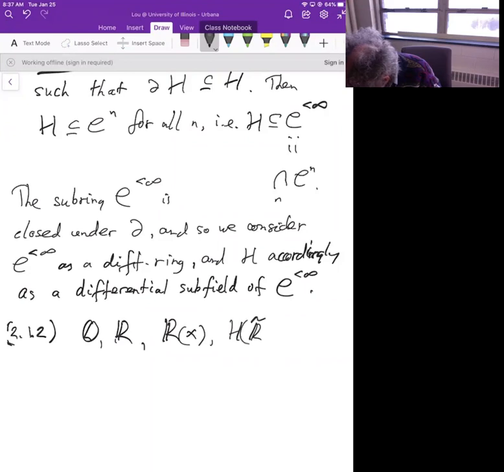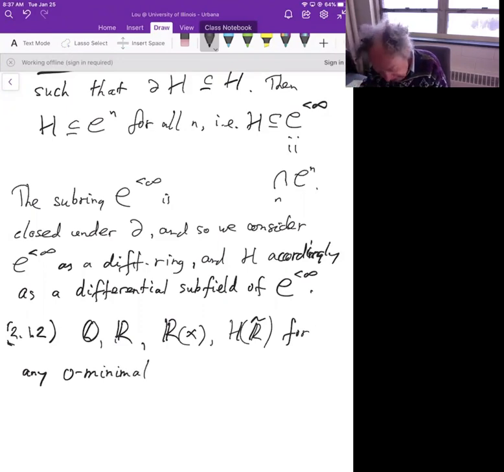but also if you take any o-minimal expansion of the field of real numbers. I don't know, this will perhaps come up in the o-minimal course, where one shows that definable functions are eventually differentiable. And then, of course, the derivative will also be definable.